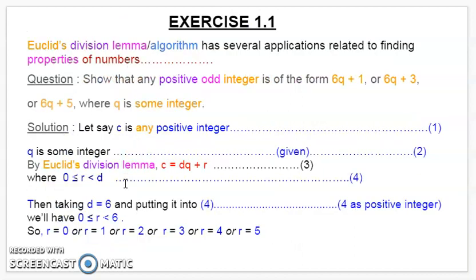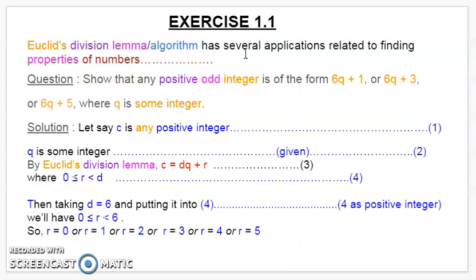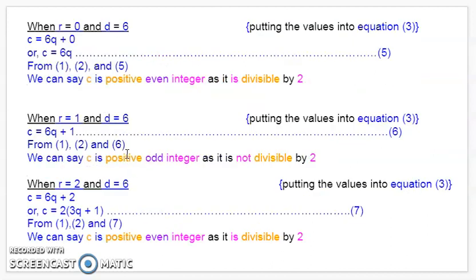In this chapter earlier we have seen the steps of the algorithm. So algorithm steps are suggesting the solution part, which are used to get the properties. So these are the properties: this is a positive even integer, and this is a positive odd integer.